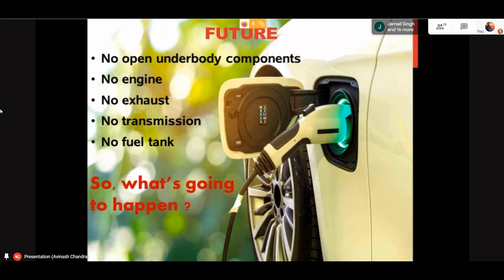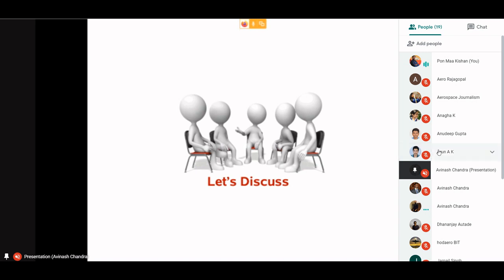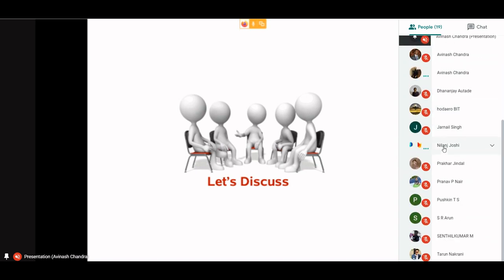And among underhood components, I guess only the motors, the cooling lines, and the radiators and condenser will be there. So this can actually change the design of the body also. We can reduce the underhood space, or we can accommodate it for other utilization.